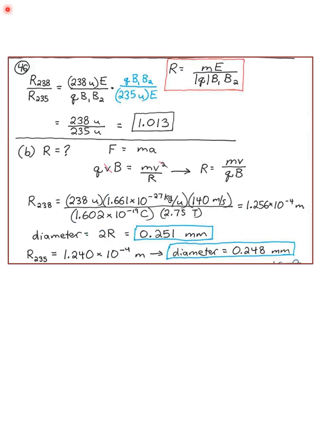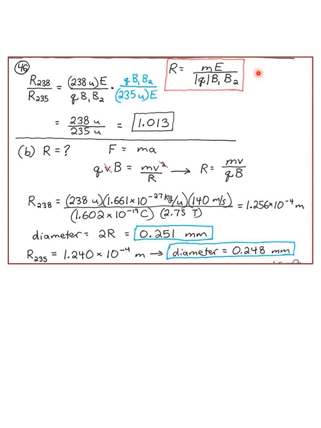For number 46, we're looking at a mass spectrometer separating uranium isotopes 235 and 238. What is the ratio of the radii of their circular paths? So we'll do part A first. There's the equation that we derived in class, and it's in the textbook.